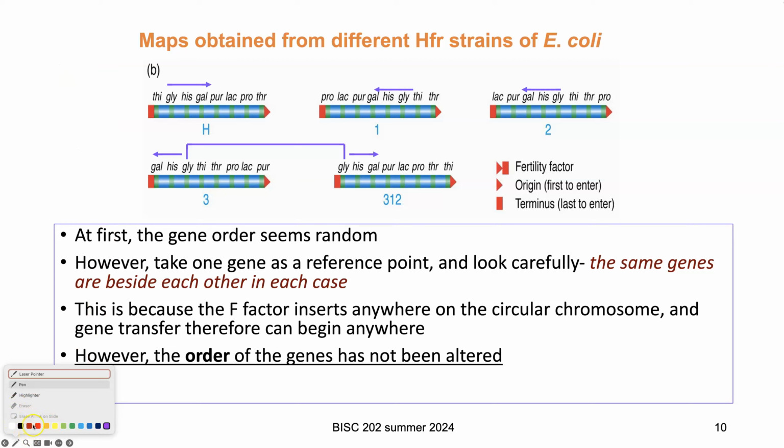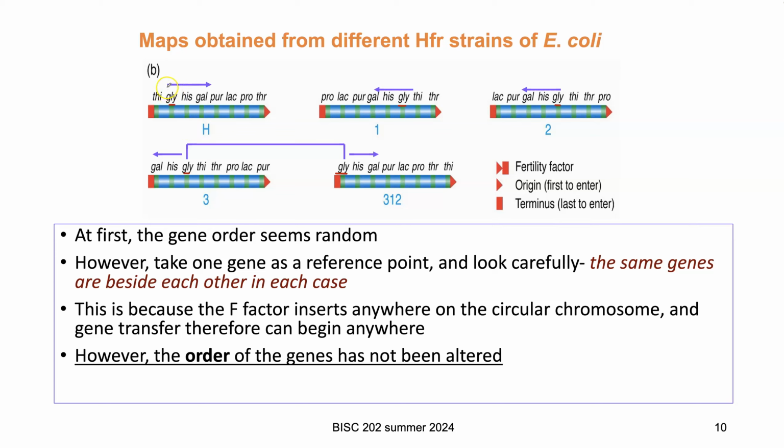And so just to point out, if you just take a reference point, so let's just take the glycine gene, you will see that it's present on all of these different strains, of course, because they make their own glycine.